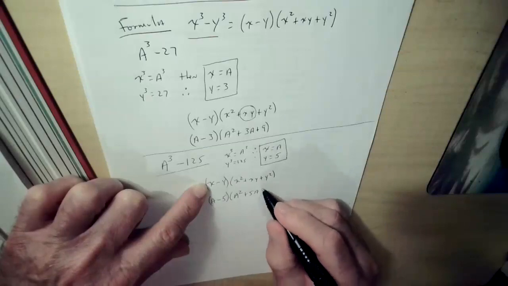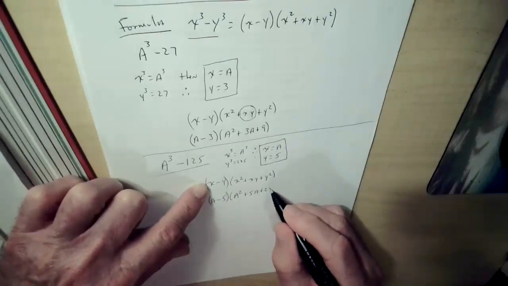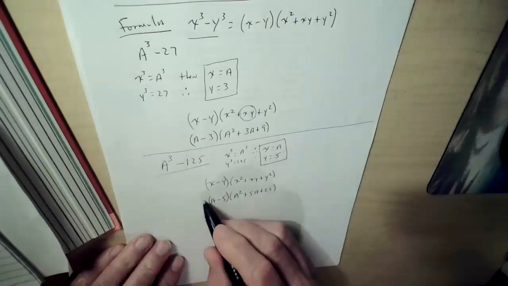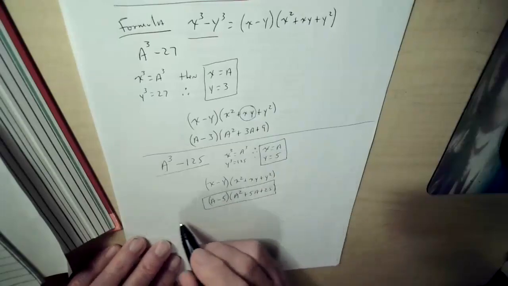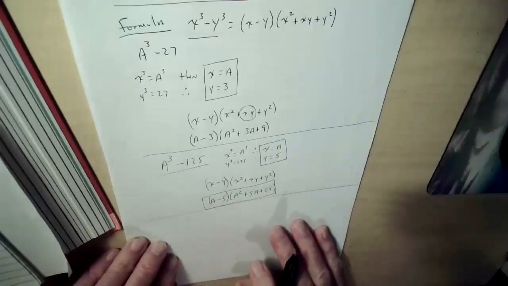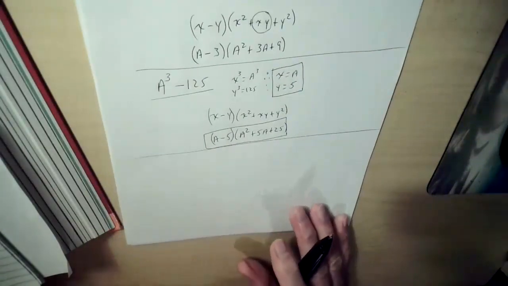X squared is a squared, plus xy, 5a, right, plus y is 5, y squared would be 25.